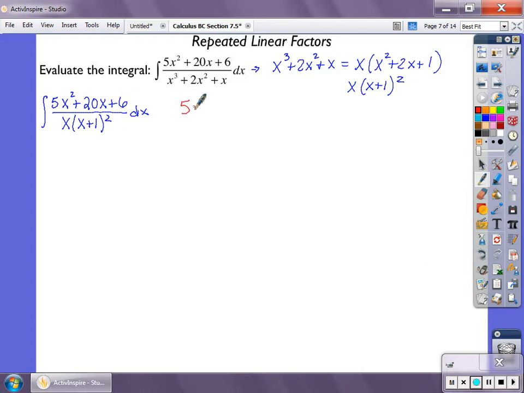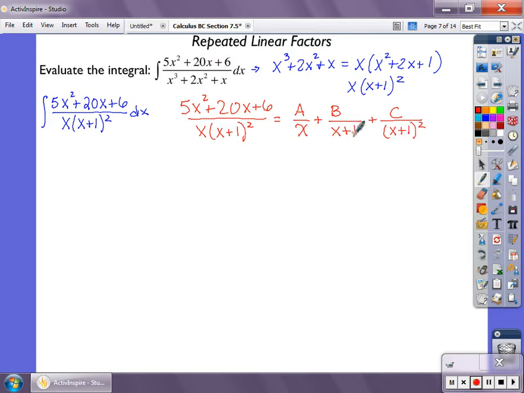So we have our 5x squared plus 20x plus 6 all over x times x plus 1 squared. And so what I'm seeing here is a linear factor of x, so I write an A over x, and then I see a repeated linear factor. And so we need another constant, B, divided by x plus 1, and then another constant, C, divided by x plus 1 squared.